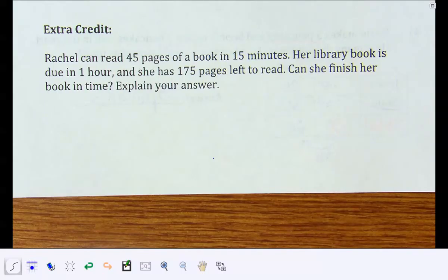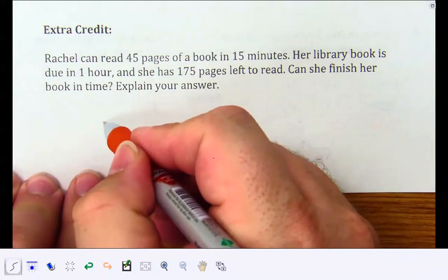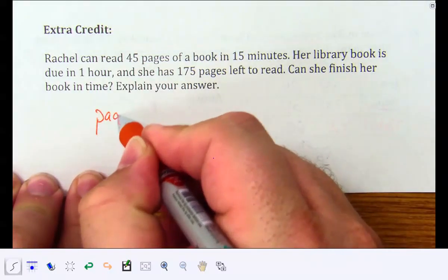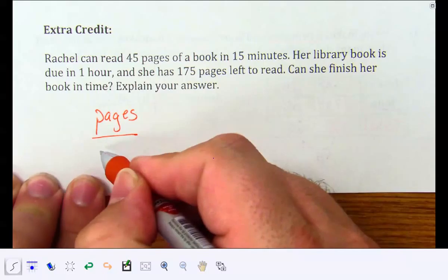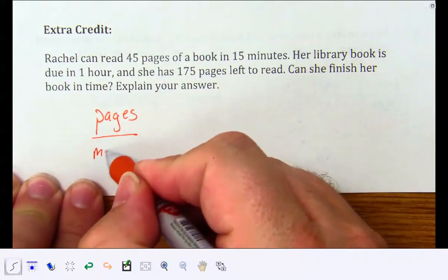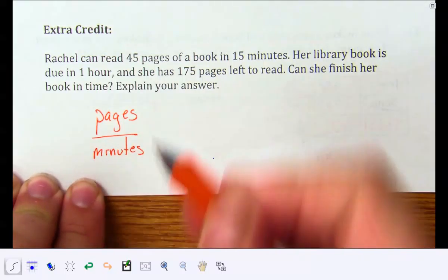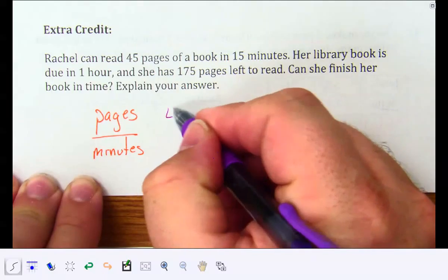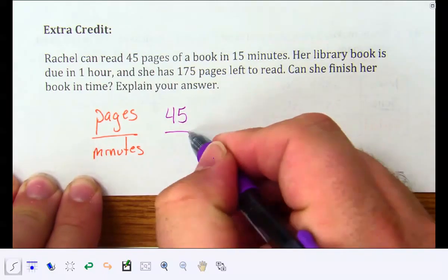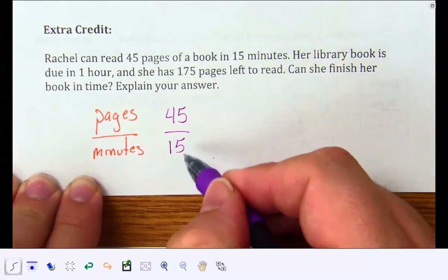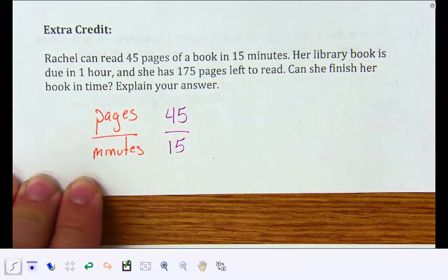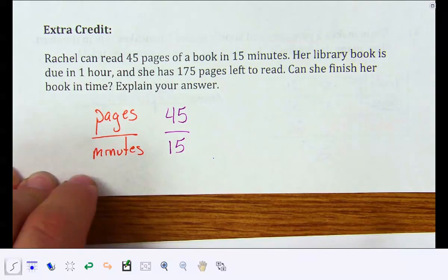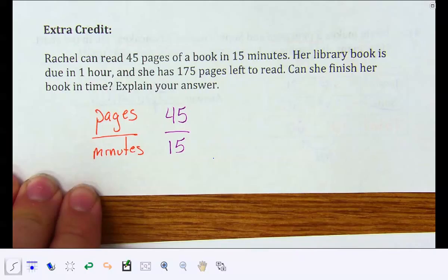Okay. So let's start by writing pages per minutes. Okay. So the rate that it gives us for that is going to be 45 pages to 15 minutes. Well, but I want to know how much is in an hour, so how do I do that?